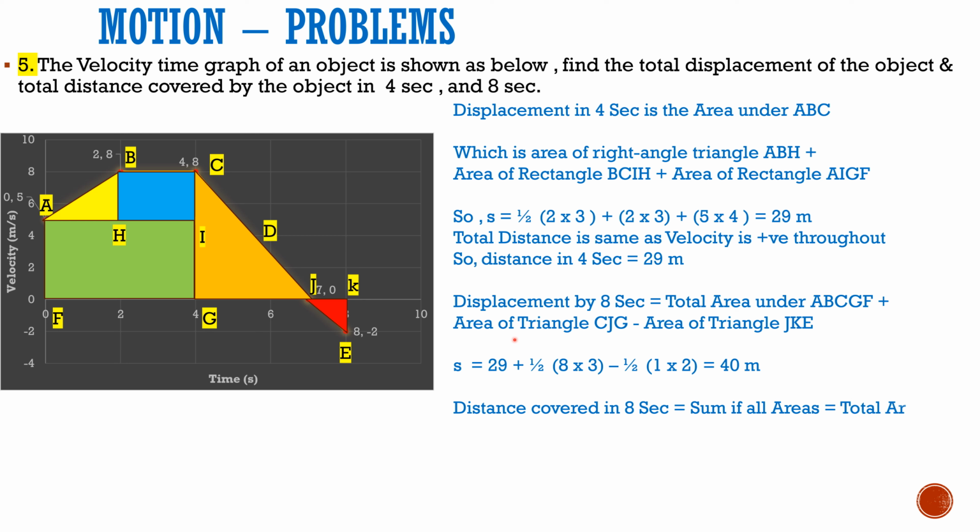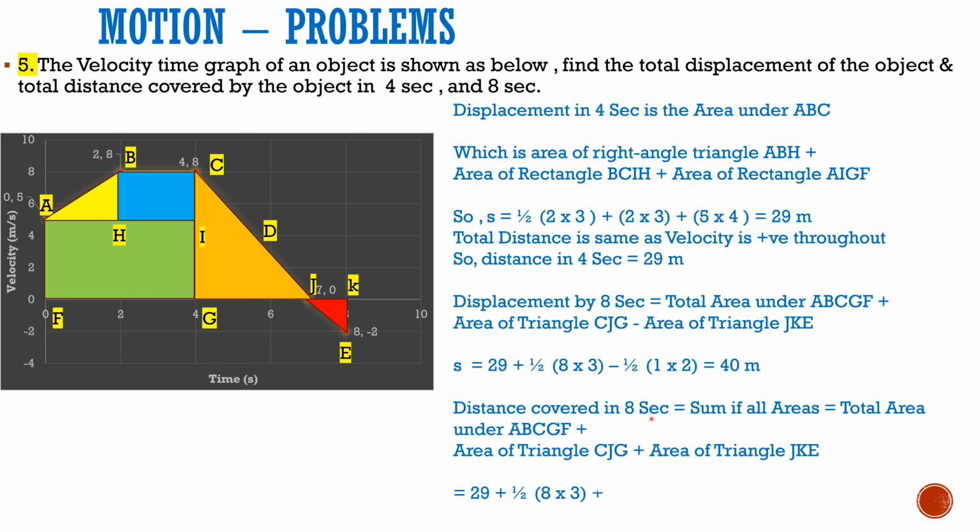So sum of all the areas in this case, irrespective of the velocity changing from positive to negative, the direction changes, all those things don't matter for us. These are the respective areas. We already know these areas, so we just need to change this from negative to positive, and then we add it and we get 42 meters. So that is our answer for distance and displacement in the 8th second.